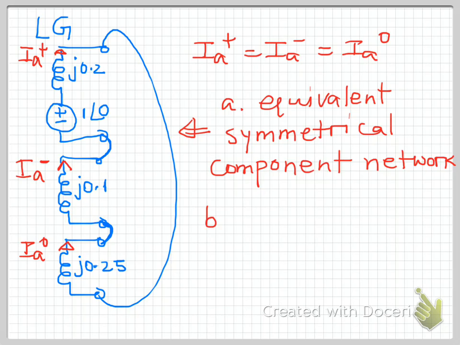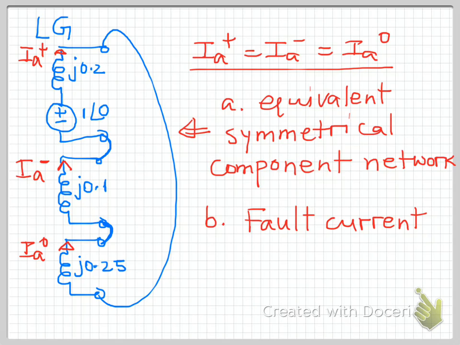And part B is we have to find the fault current, and you can use the table to see what the fault current equals in terms of these currents.